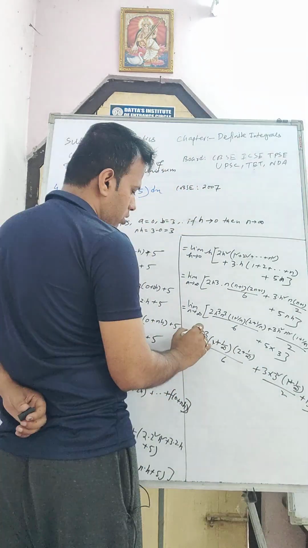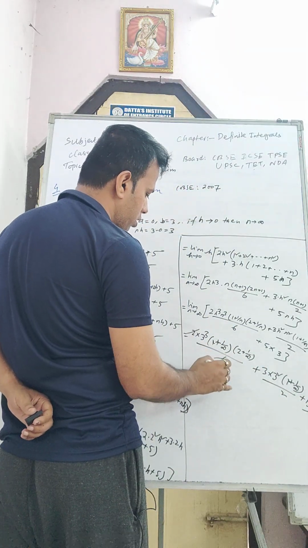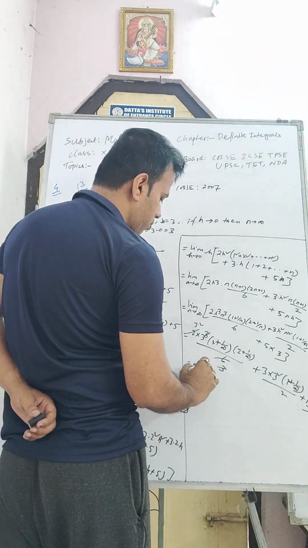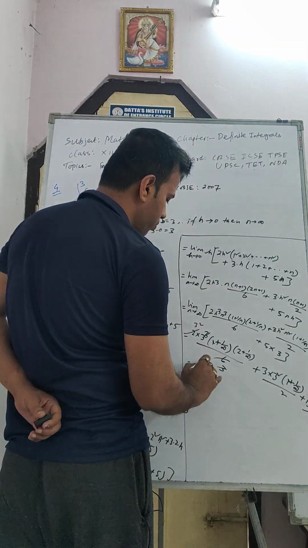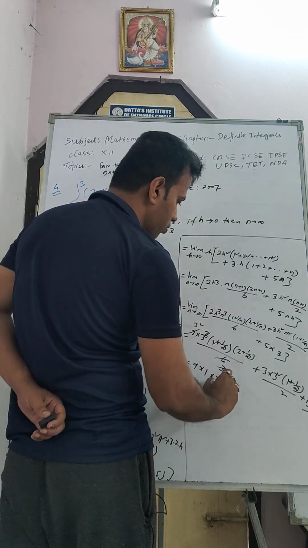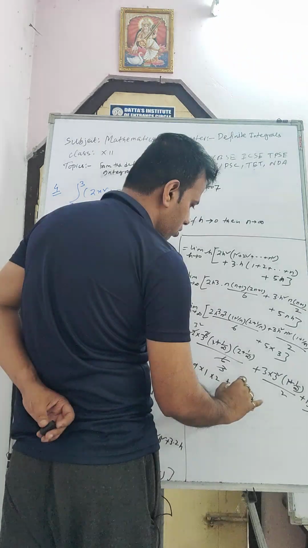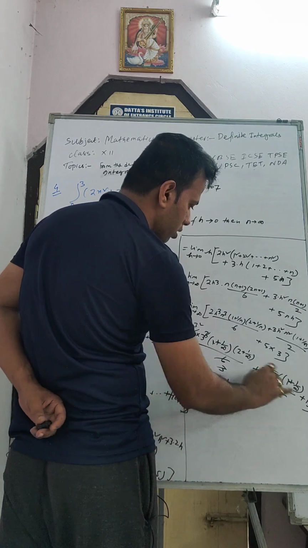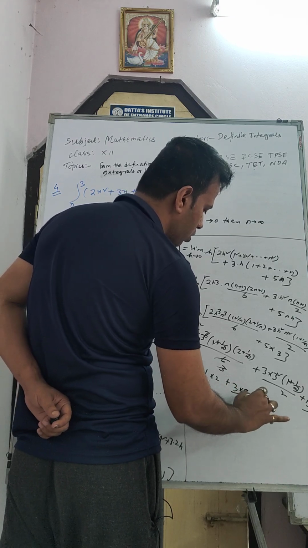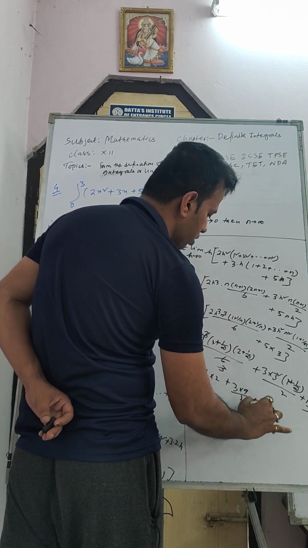So this 3 will be cancelled, and it will be 3 square, no, it will be 9, into 1 into 2, that is, it will be 27. Here it will be 3 into 9 by 2 plus 15.